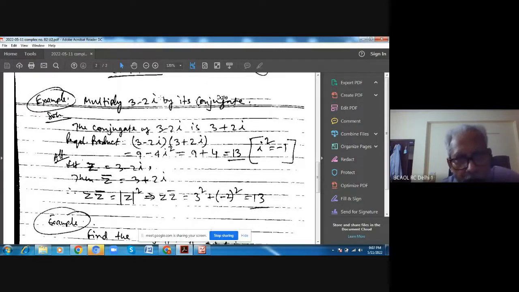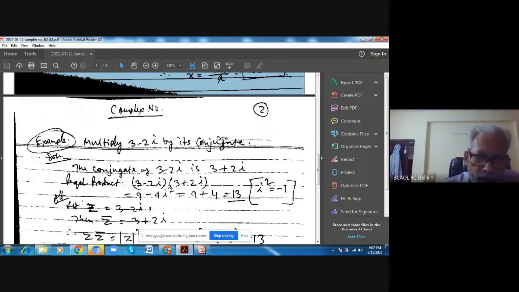Suppose in an online exam, your multiple choice question is given like this. Option A is 3 minus 2 iota, B is 3 plus 2 iota, C is 2 minus 3 iota, and D is 2 plus 3 iota. If you know the conjugate is nothing but the sign changing, so 3 plus 2 iota, this is your conjugate.